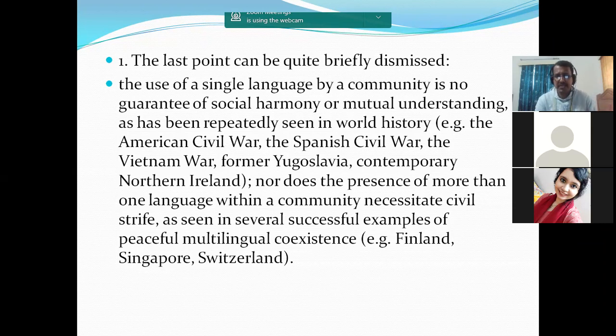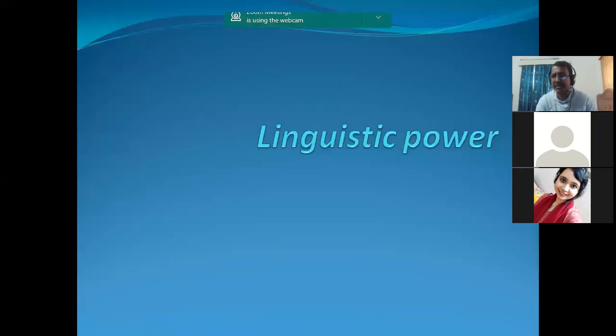So language use cannot guarantee social harmony. In the same way, in linguistically diverse countries like Finland, Singapore, and Switzerland, we see more harmony. But though Singapore, Switzerland, and Finland are multilingual countries, that point cannot be guaranteed either.